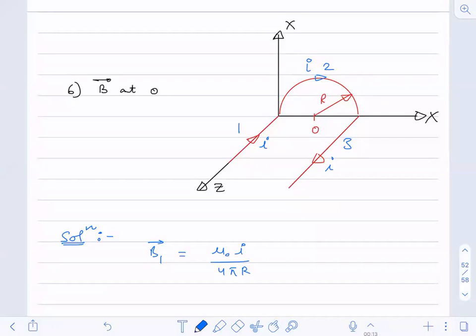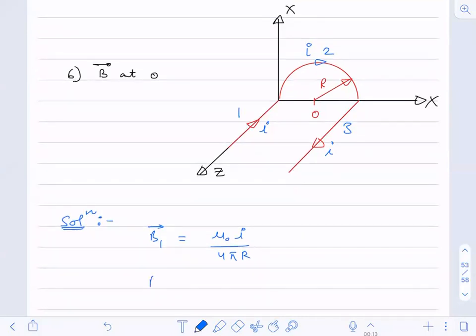Understood? Due to wire 3, you will write mu naught I by 4 pi r. Due to B2, it will become mu naught I by 2r, within bracket 180 by 360.